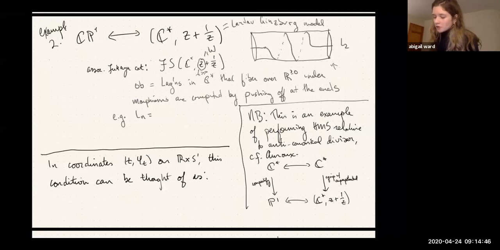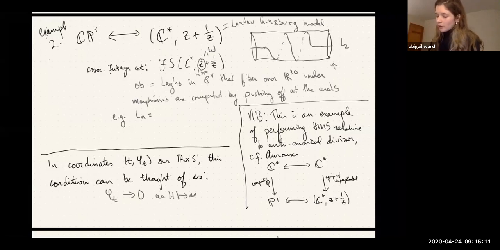These conditions can be thought of as phi, the angular coordinate there, going to 0 as the absolute value of t goes to infinity. That encapsulates the idea that you have to fiber over this real axis.